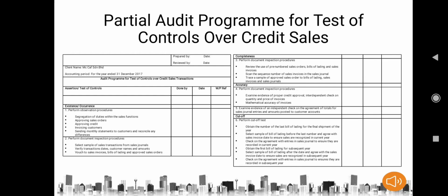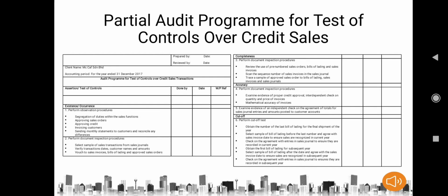Okay, first under existence, perform observation procedures. As an example, segregation of duties within the sales function, approving sales orders, and approving credit. Also under existence, perform document inspection procedures.